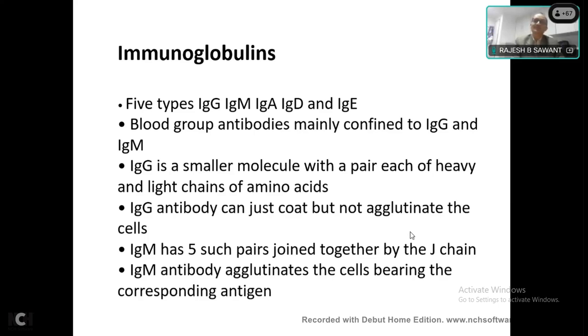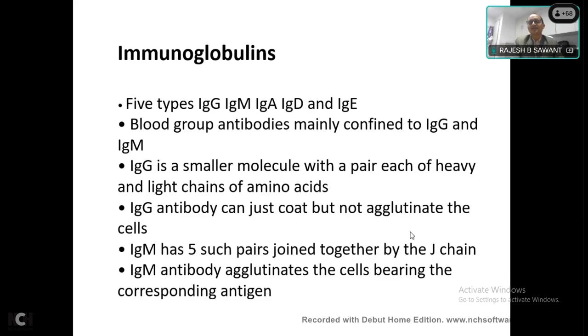Next, what we need to know is the type of antibodies. So all of us know that we may have IgG, IgM, IgA, IgD, or IgE. When it comes to blood group antibodies, you need to really zero in upon IgG and IgM, these two types. Okay. So the points to note are IgG is a small molecule and it has a pair of heavy chains and light chains of amino acids, right?